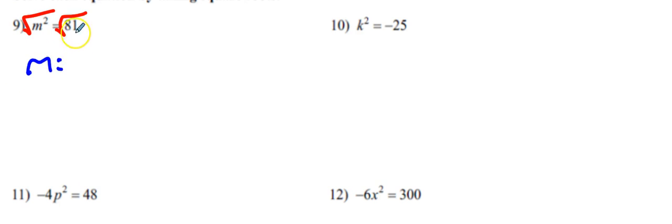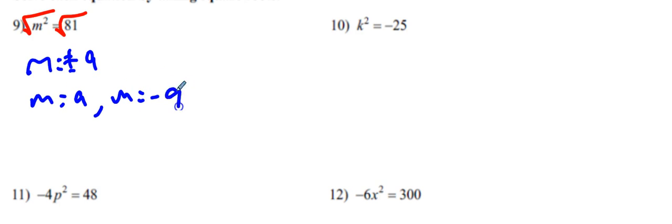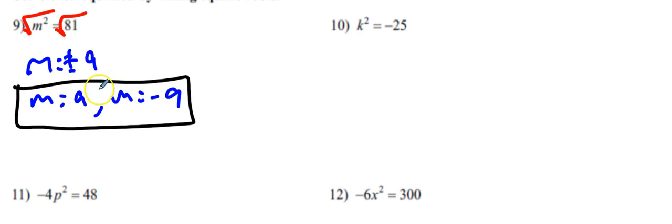And then that's going to equal, and remember we took roots, so we're going to have a positive and a negative answer, plus or minus the square root of 81, which is 9. Could not be any easier. So m equals plus or minus 9. If you want to be really specific, you can say m equals 9, m equals negative 9. Problem solved.